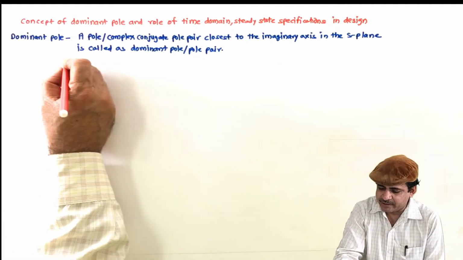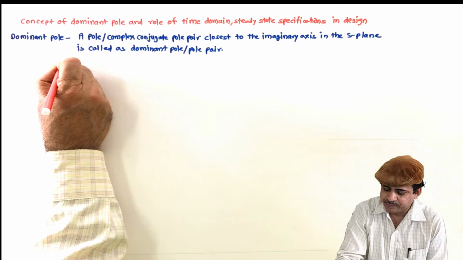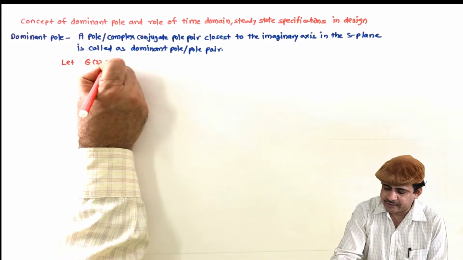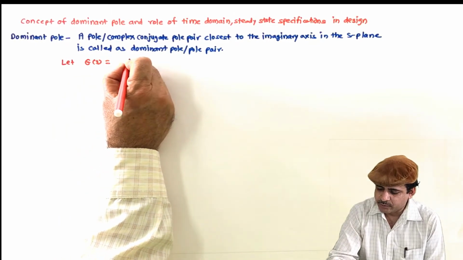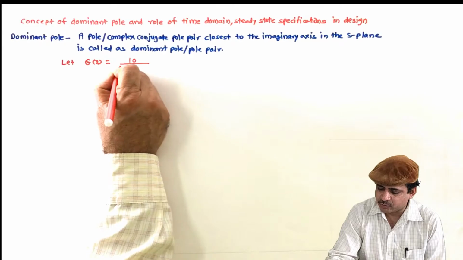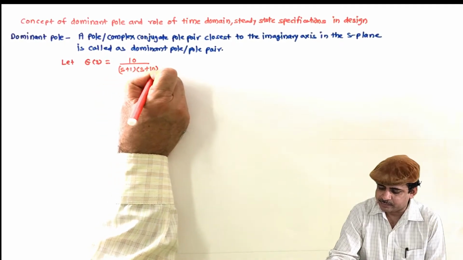It happens, say for example, a system, let G of S is equal to 10 upon S plus 1 into S plus 10.